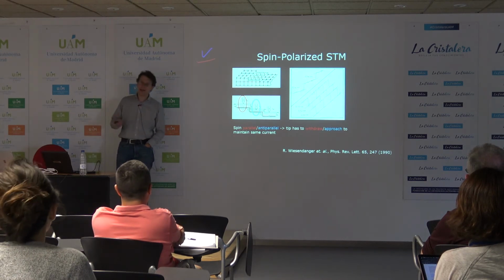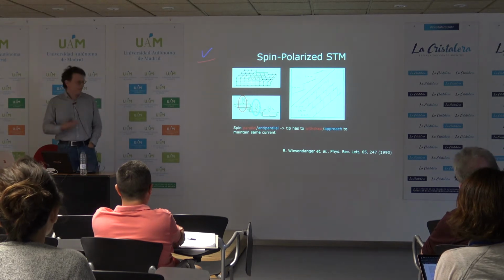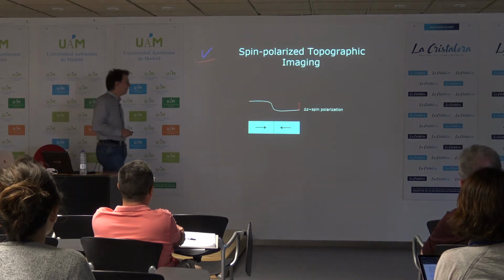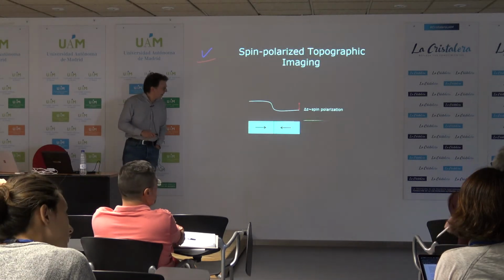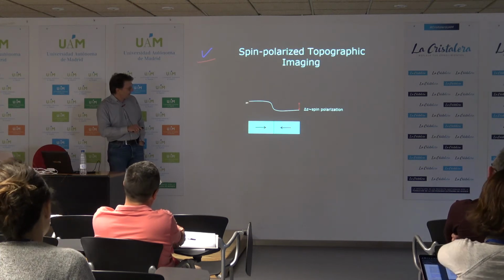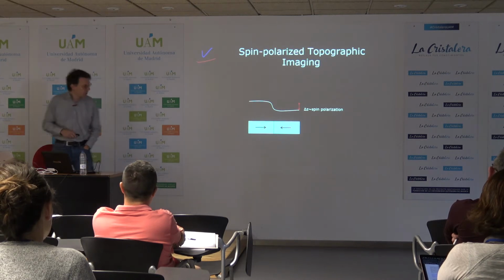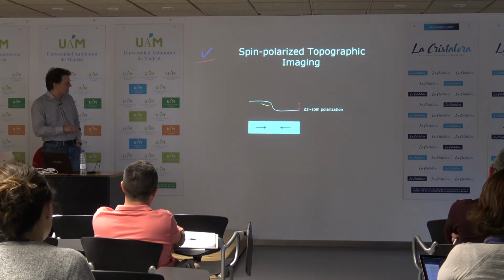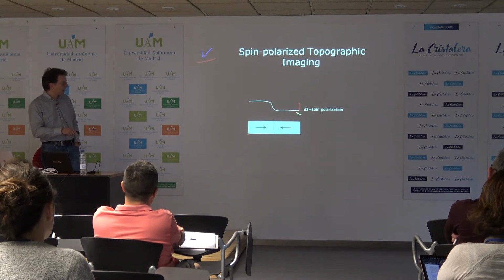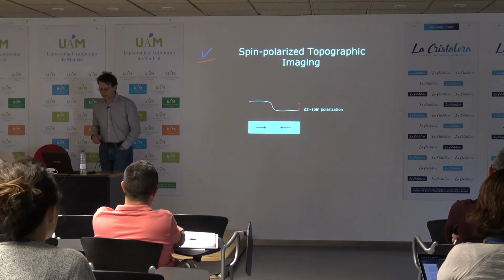What one would like ideally is that you can actually change the magnetic properties of your tip while you scan on a particular area on the sample. So if you like, what gives you the magnetic contrast is that due to the change in the tunneling current, you get a change in the tip sample distance because the tunneling current will be maintained constant, and the change in the height you get is proportional to the spin polarization of your tunneling current.